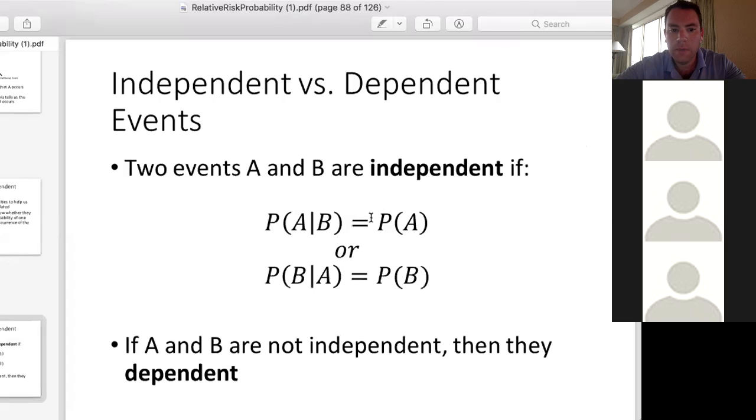Michael, is the formula being displayed on the screen here? I just want to make sure. Can you see this formula here? The probability of A and B is equal. No. Is my screen being shared at all?